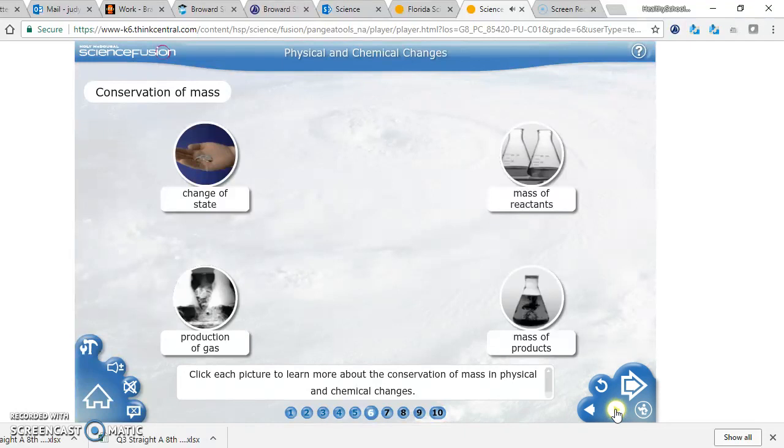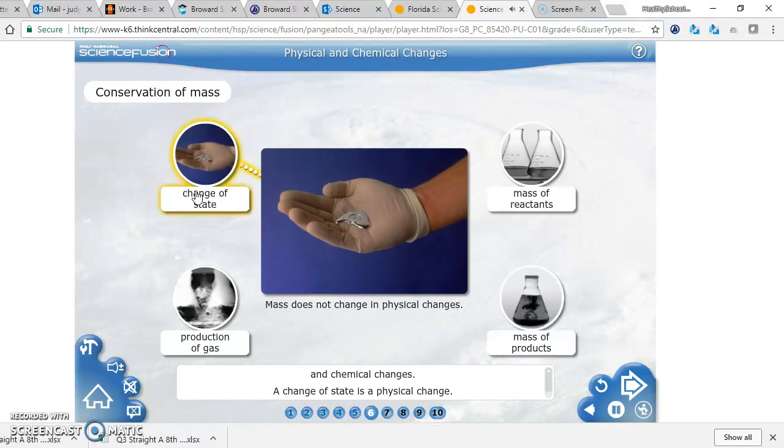Click on each picture to learn more about the law of conservation of mass in physical and chemical changes. Mass does not change in physical changes.